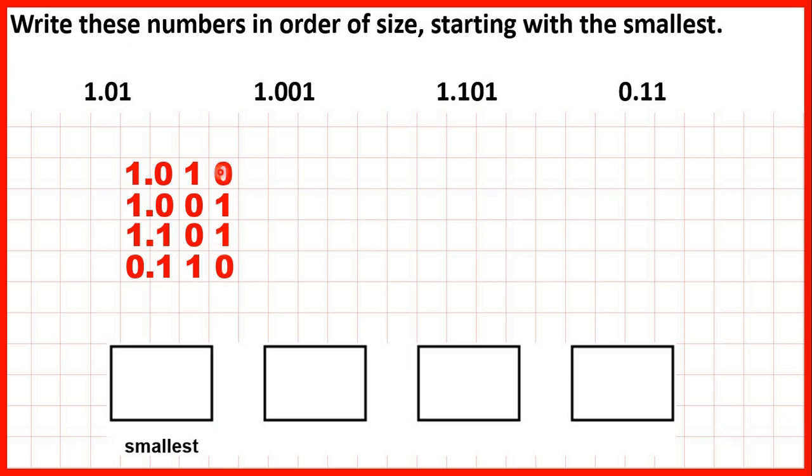And we haven't changed the number because 1.01 is the same as 1.010. All this 0 here tells us is that we don't have any extra thousandths.